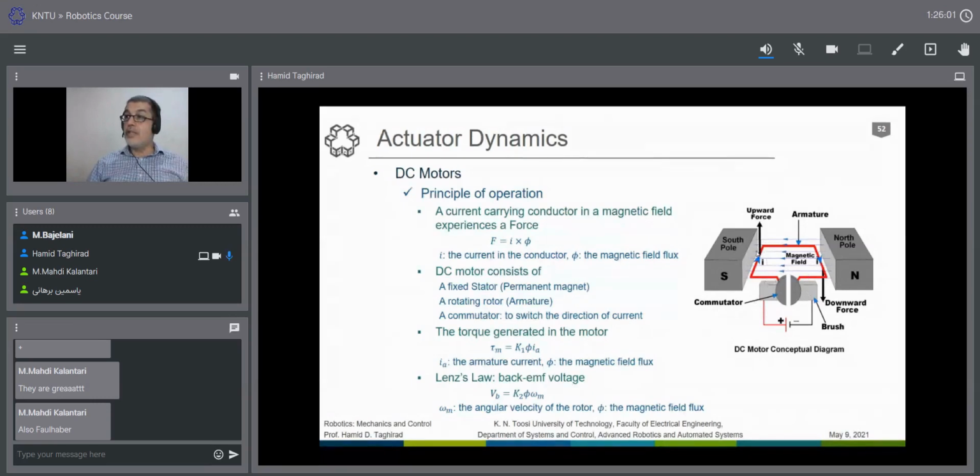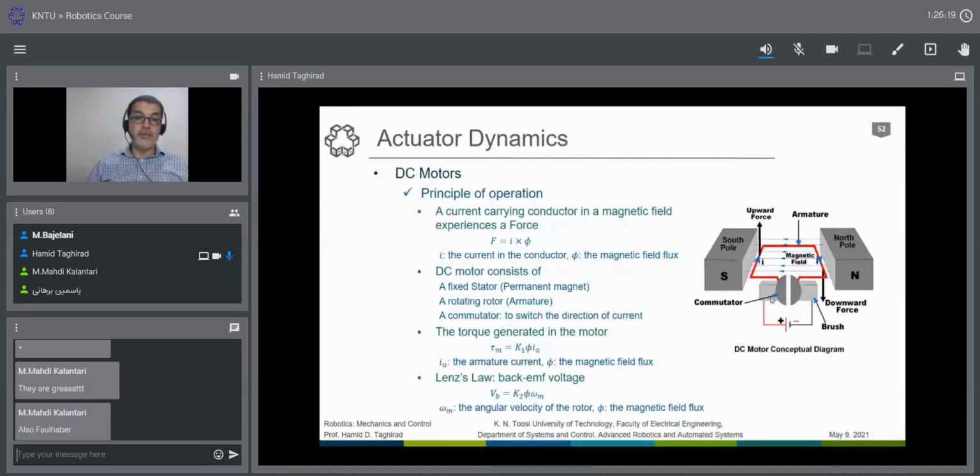Of course, we don't use a simple wire, we use a number of wires. As it moves, to keep the wire forces in one direction, we have a commutator.